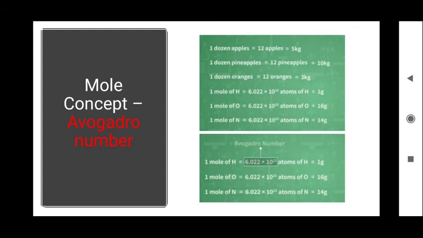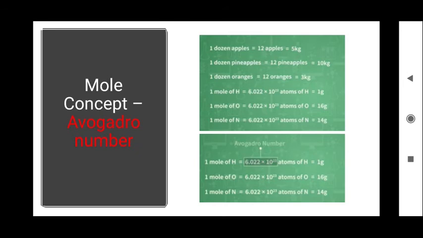Similarly, 1 mole of oxygen also contains the same number, 6.022 × 10^23 atoms, but its weight will be 16 grams. Again, how do you get 16 grams? It is the atomic mass of oxygen. Oxygen's atomic number is 8, and its mass number is 16.